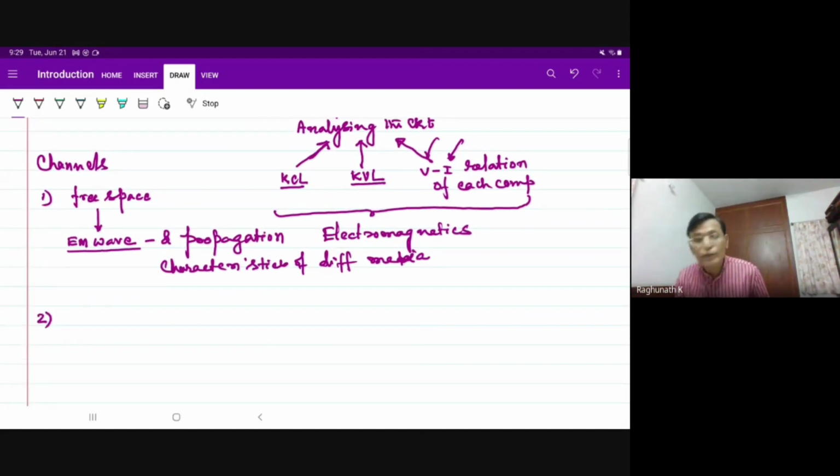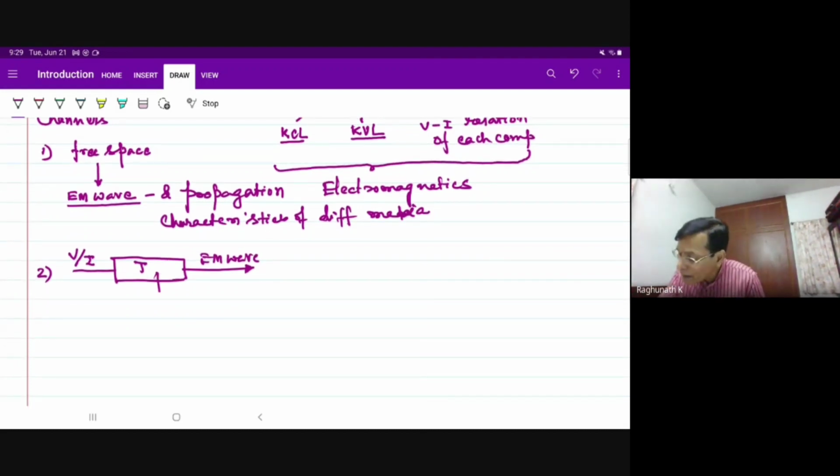So I need a transducer that takes voltage or current as the input and produces electromagnetic wave. What is the transducer? The transducer is antenna.